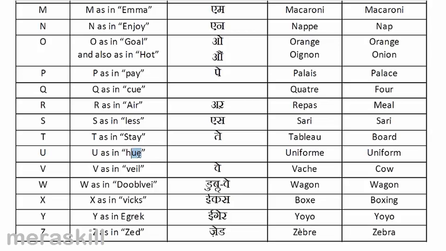So U becomes U. This is also just like E and Q. It's just a small slight puff of air with a U sound. So this is U. Okay. So U as in uniform.